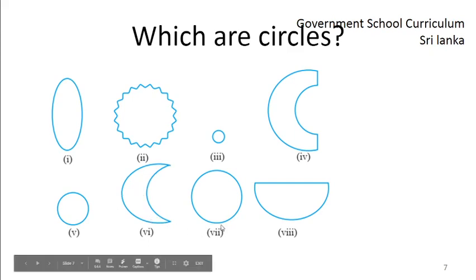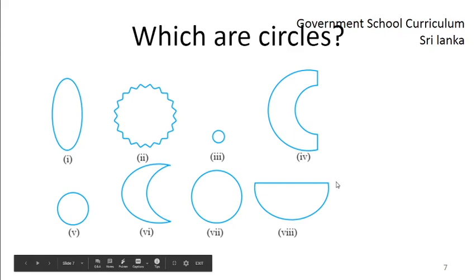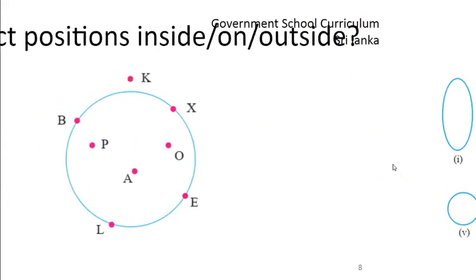So that's not. And this one is a circle, and this last one is a half circle. Is it a circle? No, it's a half circle. There are two sides here. Look, this is a horizontal side, and this one is a curved side. So this is not a circle.